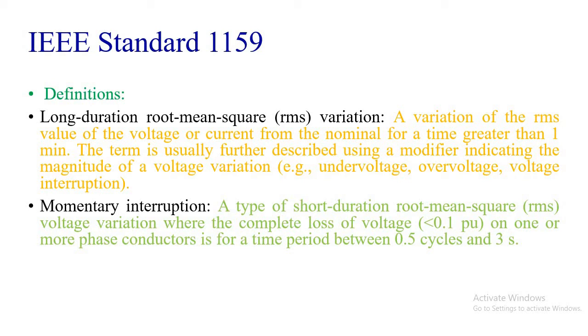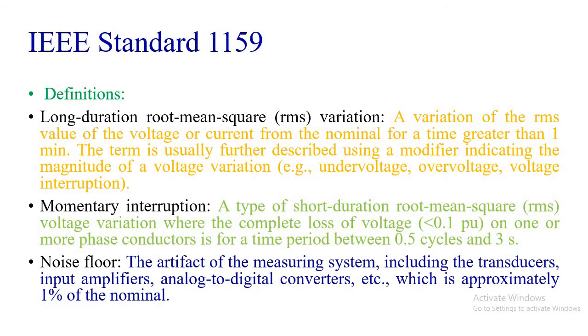So that is called momentary interruption. Next is noise floor. The artifact of the measuring system, including the transducers, input amplifiers, analog to digital converters, etc., which is approximately 1% of the nominal.